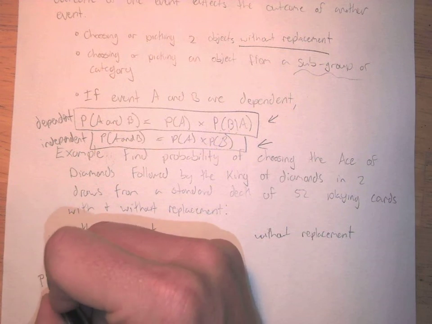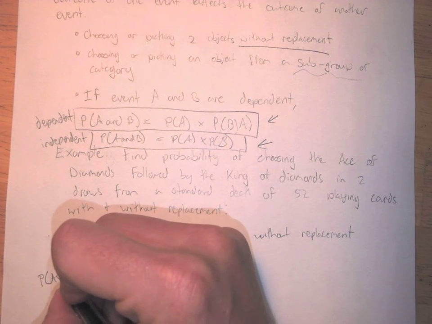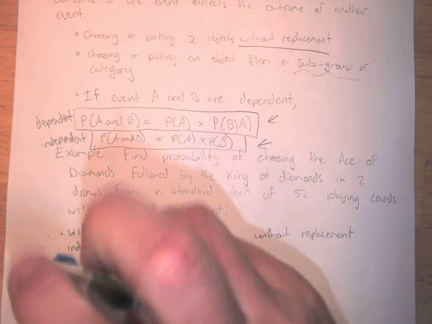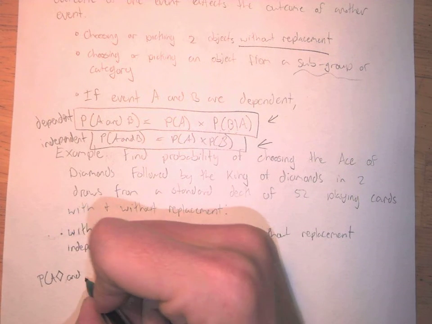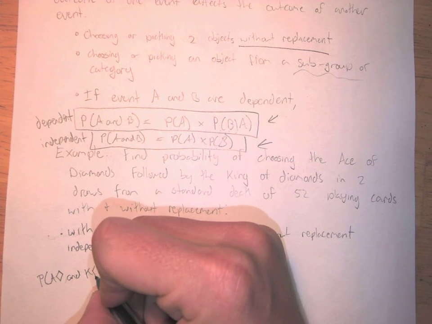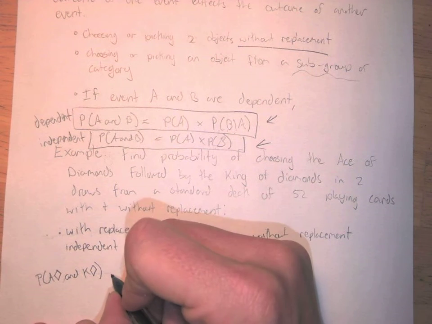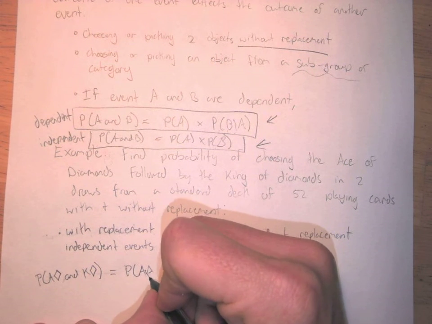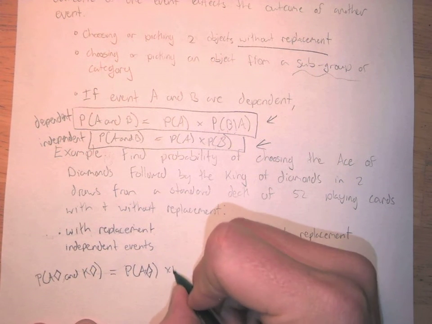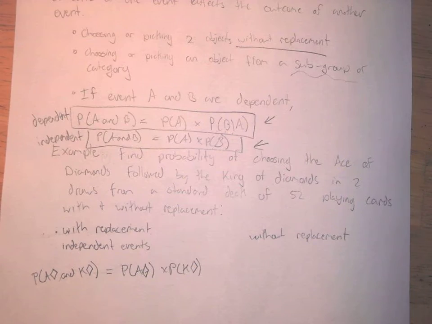So the probability of choosing an ace of diamonds, I'm just going to use symbols here, and a king of diamonds in two draws is going to be equal to the probability of choosing an ace of diamonds times the probability of choosing a king of diamonds, because they are independent events.